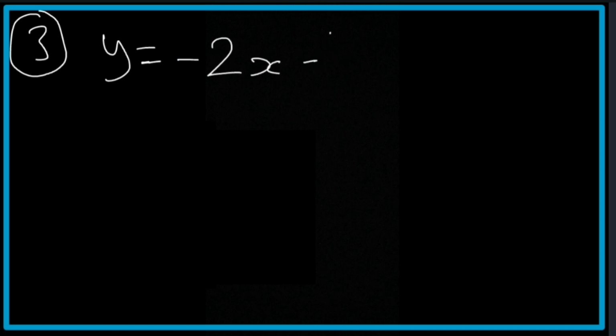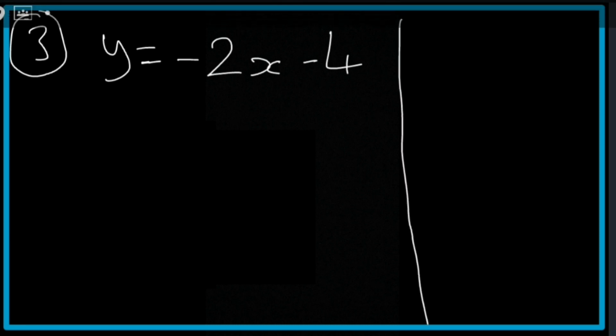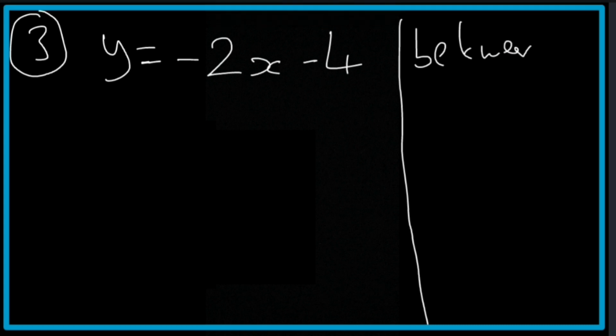Third example now. So this time I'm going to choose y equals -2x minus 4. Same thing applies again. So I'm going to choose between -3 and 0 this time.